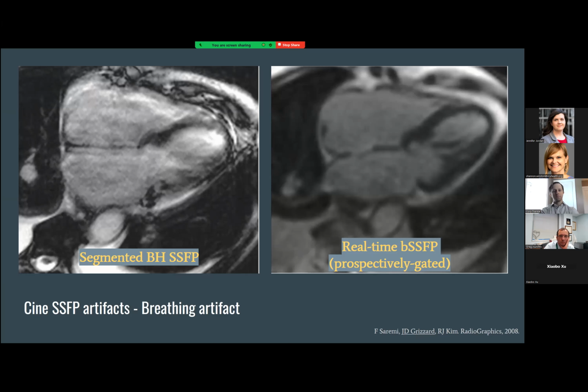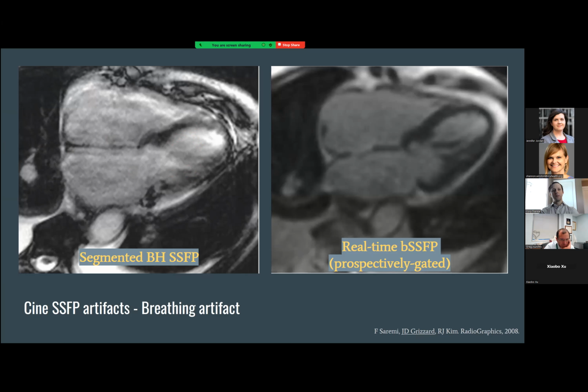In the left image, we have our standard breath held segmented balanced SSFP, and you see there is marked artifact, and it's very difficult to appreciate the border between the endocardial surface and the blood pool. So that would make quantification and diagnostic quality really suffer here.